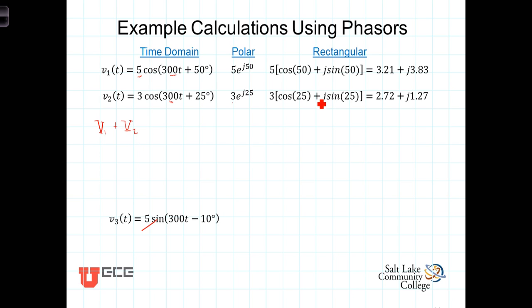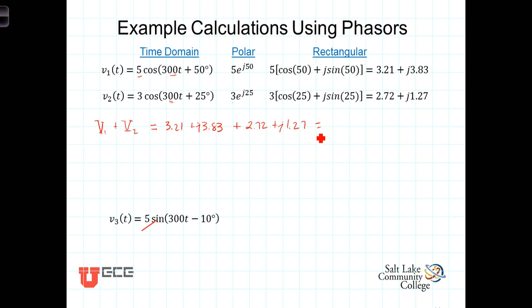We'll add the phasors and then switch the result back to the time domain. Phasor V1 plus phasor V2 is equal to 3.21 plus j3.83, that's phasor V1 in rectangular coordinates, plus phasor V2 in rectangular coordinates, 2.72 plus j1.27.